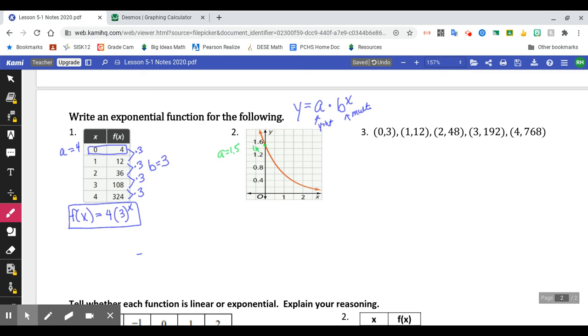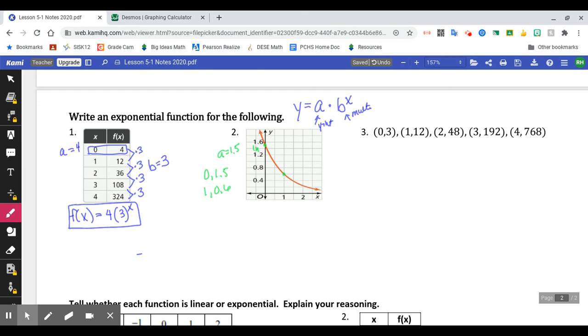Now, we got to get a couple points to be able to see what we're multiplying by. So this guy would be 0, 1.5, right? And then we can put another point right here at 1, right? So at 1, we would be at 0.6.